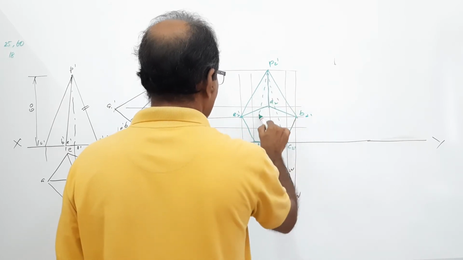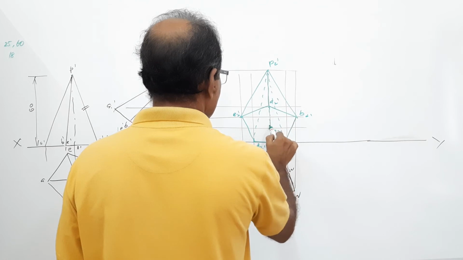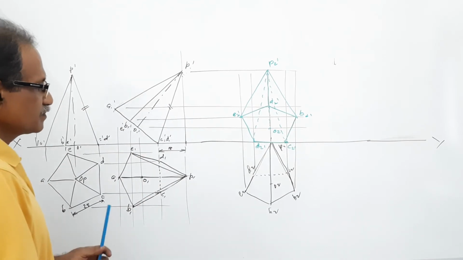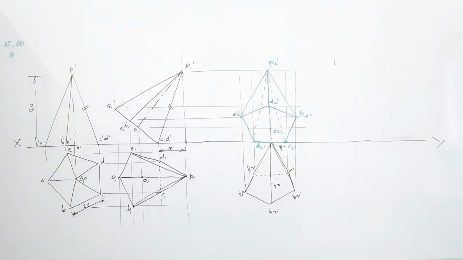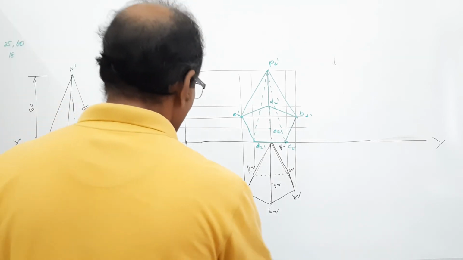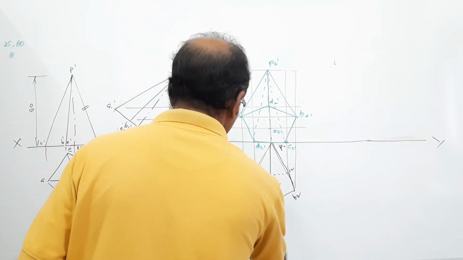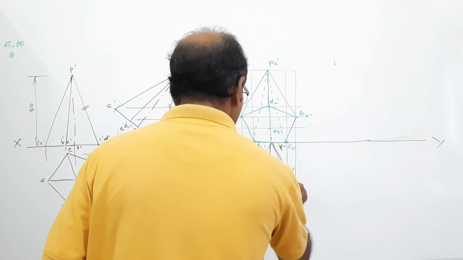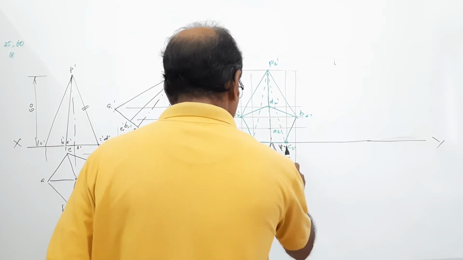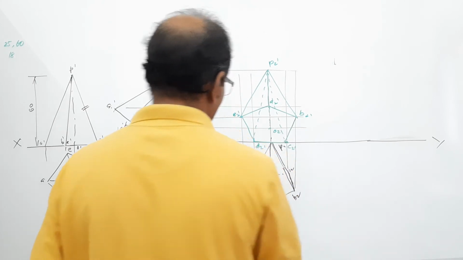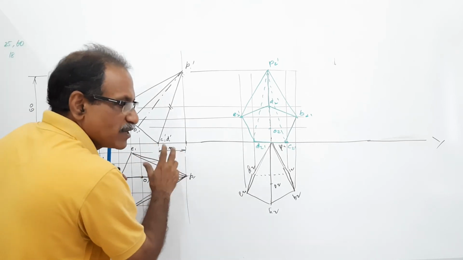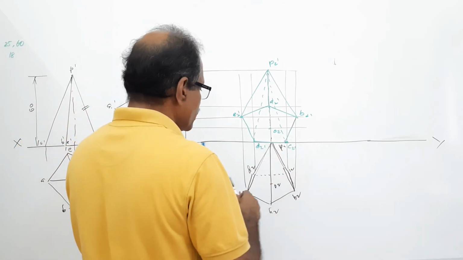I mean dotted, axis change. Agreed? Simple position plan and elevation, that 18 mm is brought in here, then the apex is redrawn.